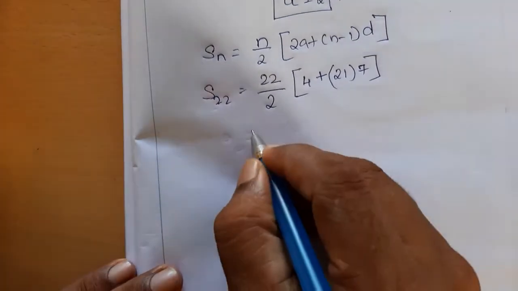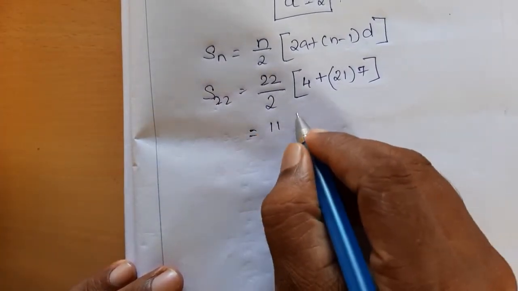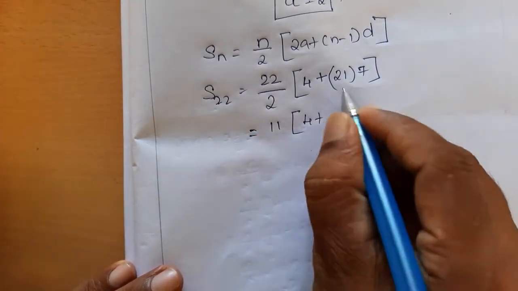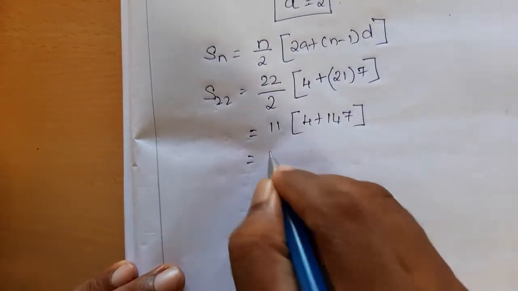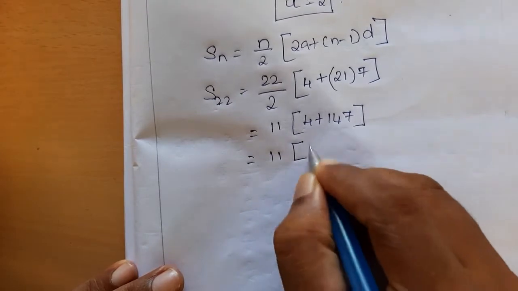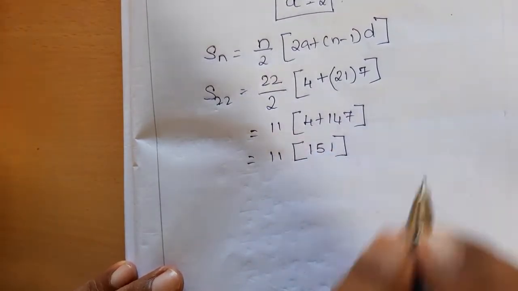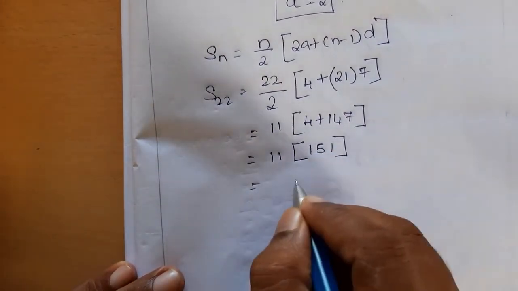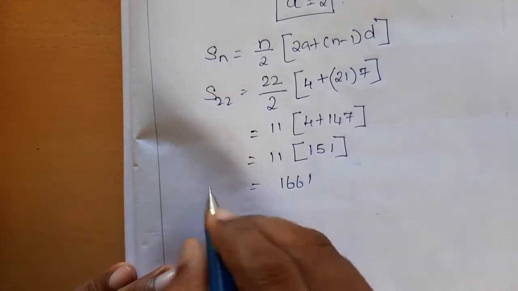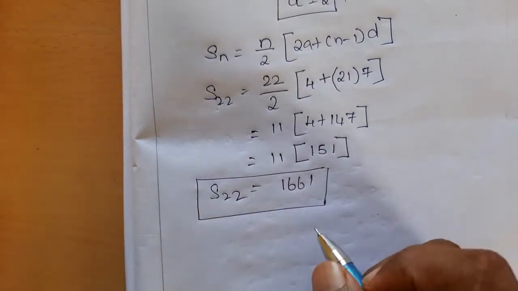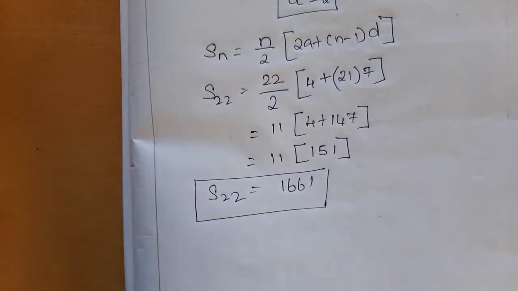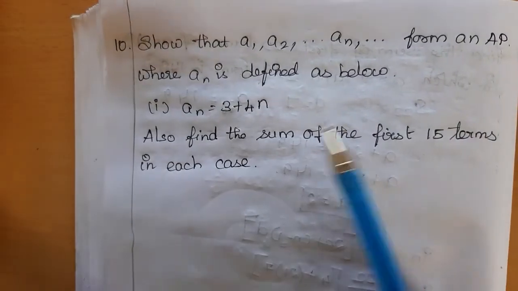So this we can write as 11, since 22 by 2 is 11, into 4 plus 147. So 11 into 151, if you multiply, we will get 1661. So the value of S22 is 1661. So here we go for the next problem.